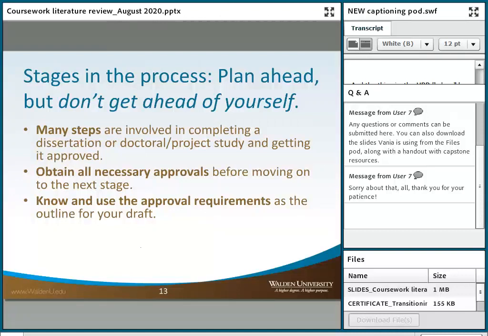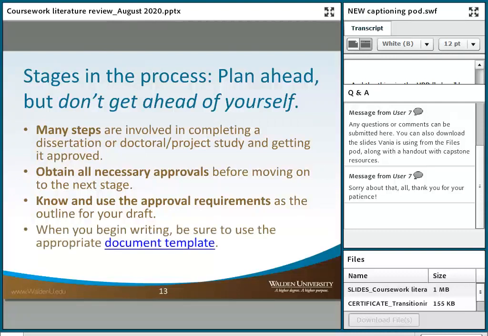So don't see that back and forth as a negative experience. See it as the way that you are going to grow the most rigorous project that you possibly can. And use those approval requirements as the outline for your draft. Talk with your chair ahead of time to make sure that you know what is expected of you.